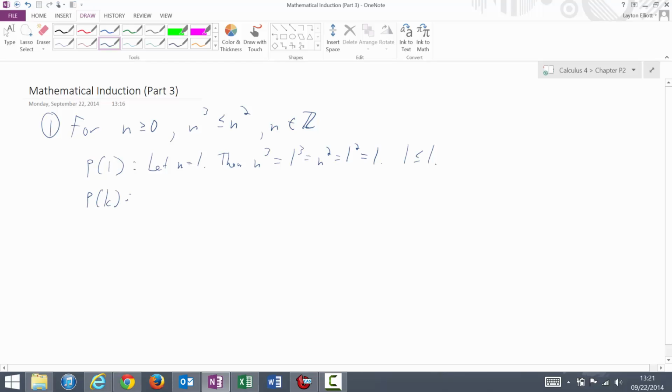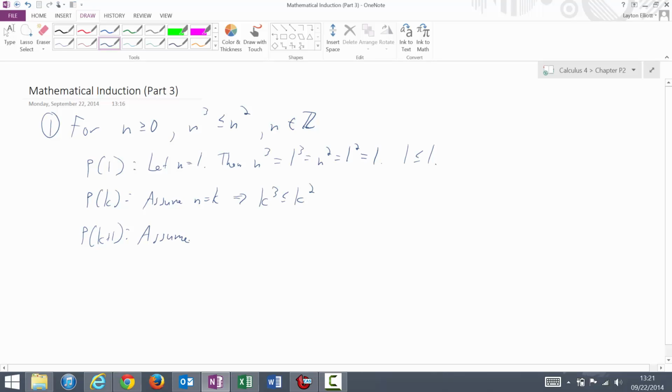And then for the P of k case, we assume that n equals k, which implies that k cubed is less than or equal to k squared. Now, if I can show the P of k plus 1, I've actually proven that n cubed is less than or equal to k cubed. So at some point, we expect that to break down, and it's interesting to see where that happens.